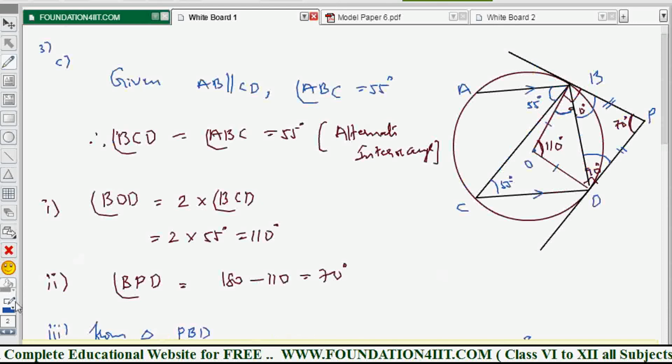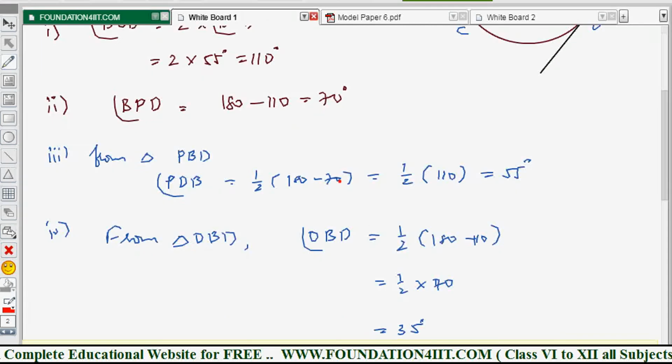This is 35 degrees. If it is 35, similarly this also is 35. Only this one they asked, angle OBD, because OB is equal to OD, radius. Okay, it's the isosceles triangle property.